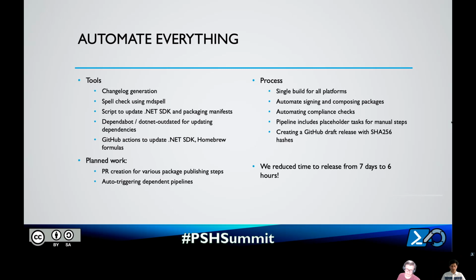When we found Dependabot, we used that to update our dependencies. We actually had someone from the community suggest this, and I investigated a couple of options, and we went with Dependabot before it was acquired. We also use GitHub actions to update the homebrew formula.